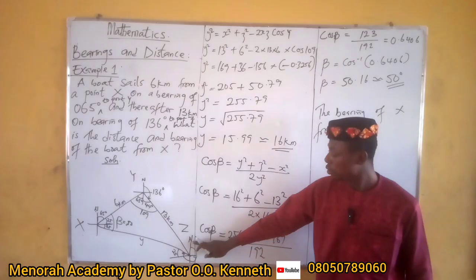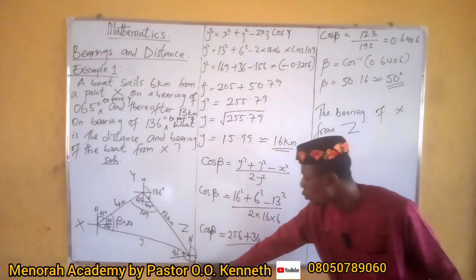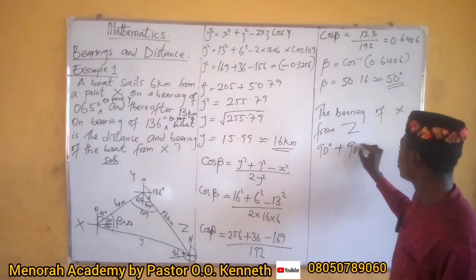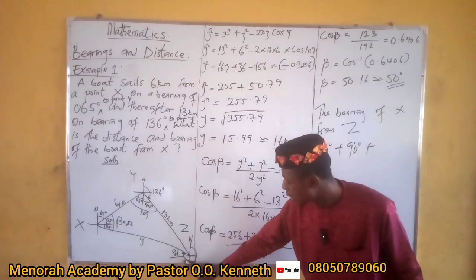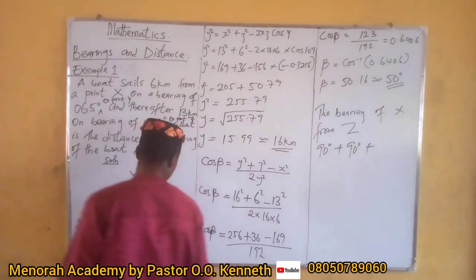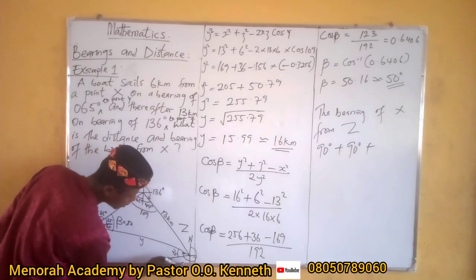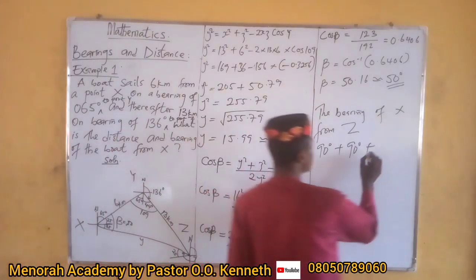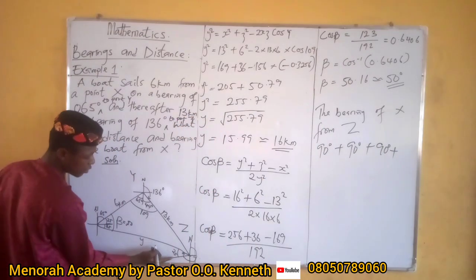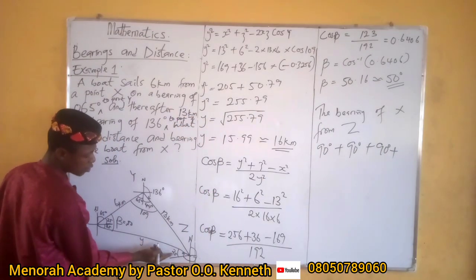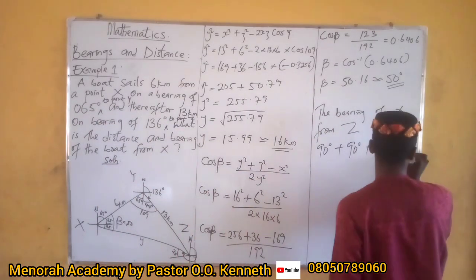Taking it from north, it will be 90 degrees plus the second quadrant, which is 90 degrees, plus the third quadrant, which is 90 degrees. Then in the fourth quadrant, what we got is just 25. So then plus 25 degrees.